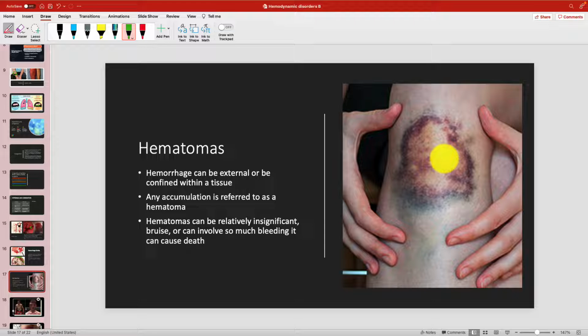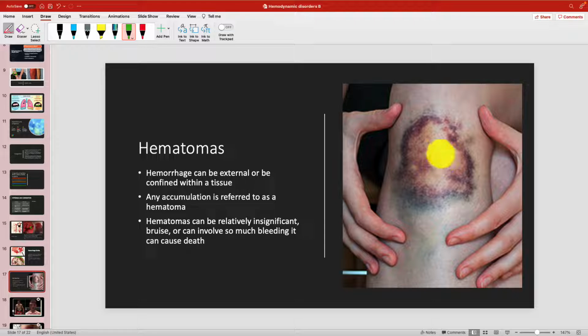Most commonly, hematomas are caused by an injury of the vessel wall, very similar to hemorrhaging, but not as extreme. When we have this damage to the vessel wall, this promotes the blood to seep out of the vessel into the surrounding tissue. Hematomas can result from an injury of any type of vessel, whether it's artery, vein, or capillary. So this doesn't just occur at the capillary beds like some of the edema does.